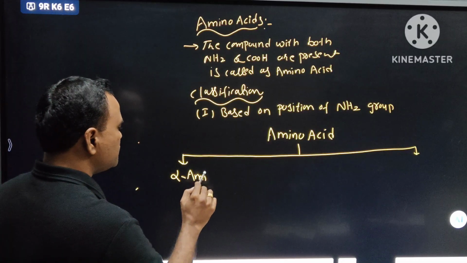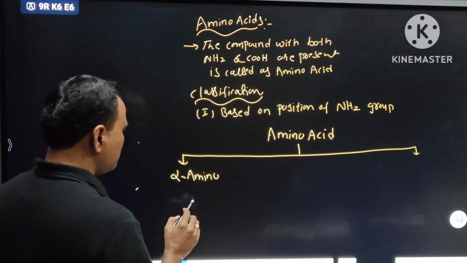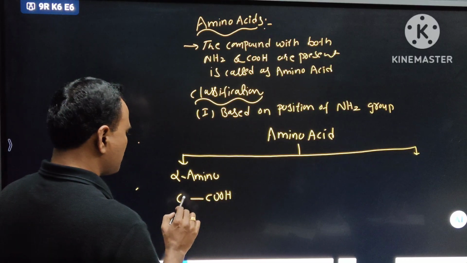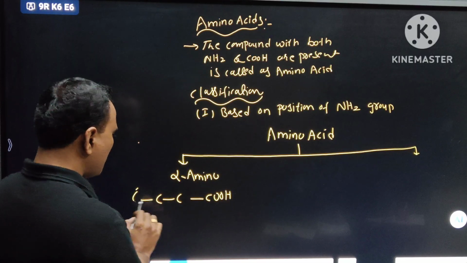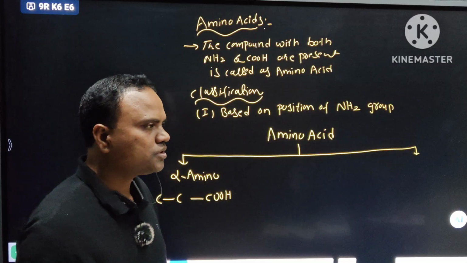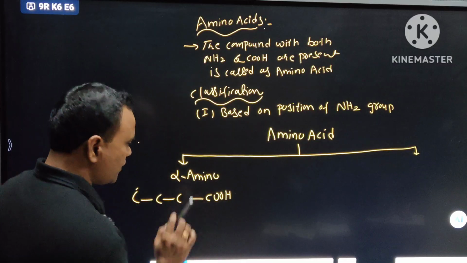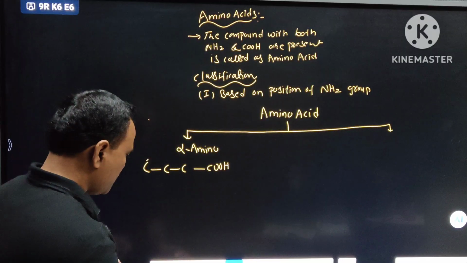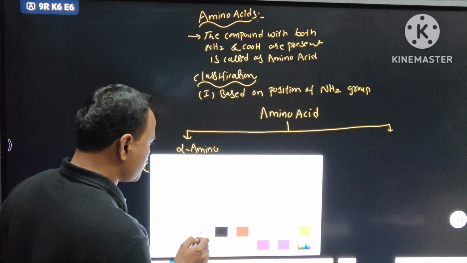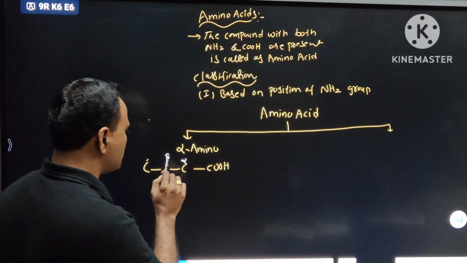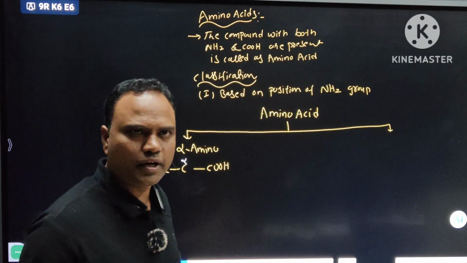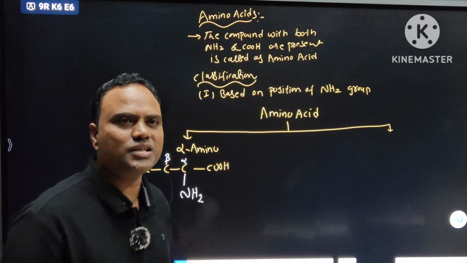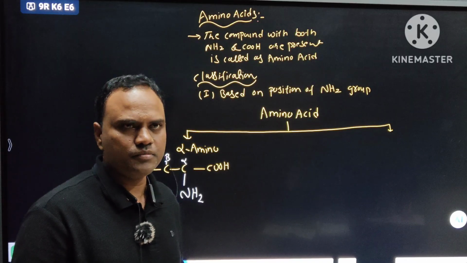Alpha amino acid. I'm taking just a skeletal structure. Functional group is COOH, and the carbon next to the functional group is called alpha carbon, this is beta, this is gamma, delta, and so on. If NH2 is present at alpha carbon, that is called alpha amino acid.